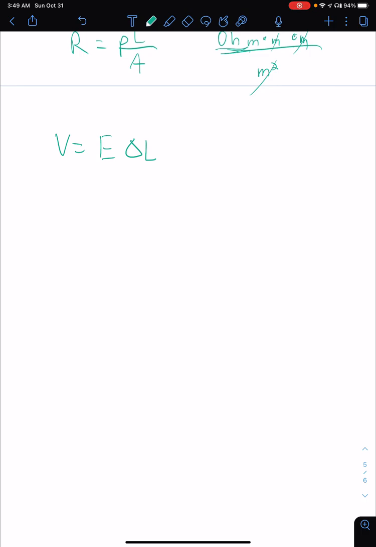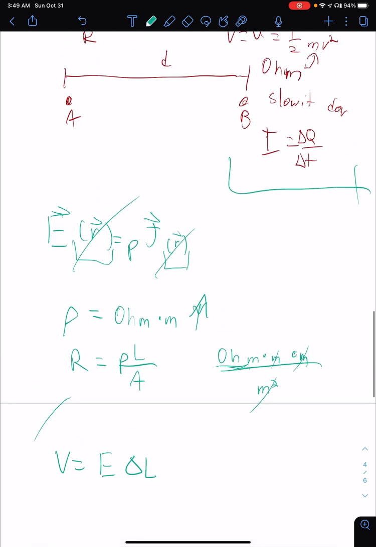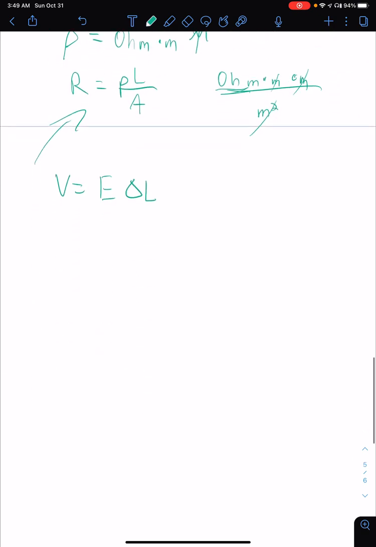Resistors: this is the equation up here. Oh, don't forget about conductivity.